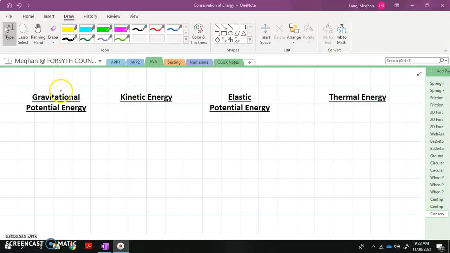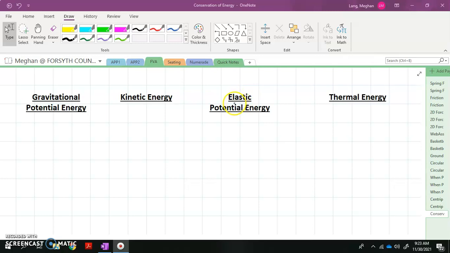So we have gravitational potential energy, kinetic energy, elastic potential energy, and thermal energy that we're going to focus on. Something that I noticed coming into this class is you probably just want to call it potential energy and not make any sort of distinction between what I'm going to call gravitational potential energy and elastic potential energy, which is fine, okay?